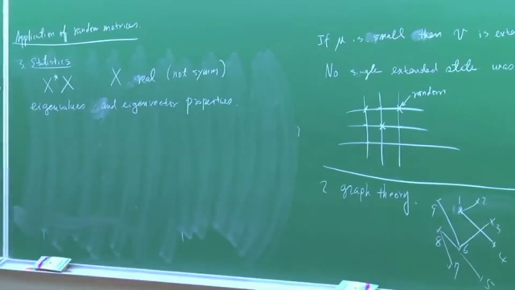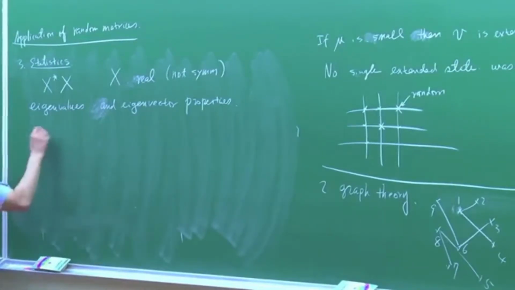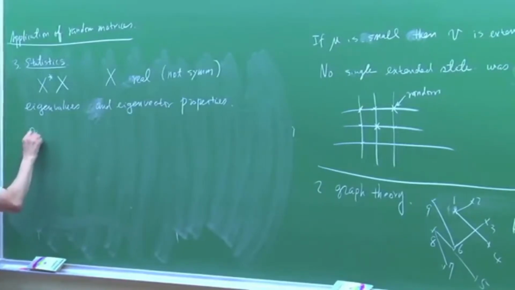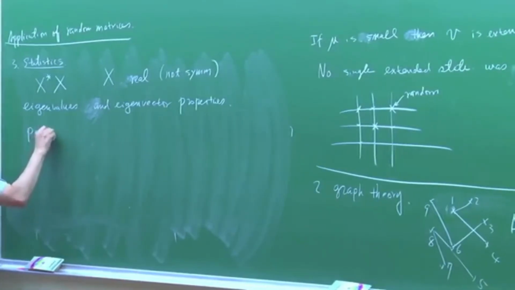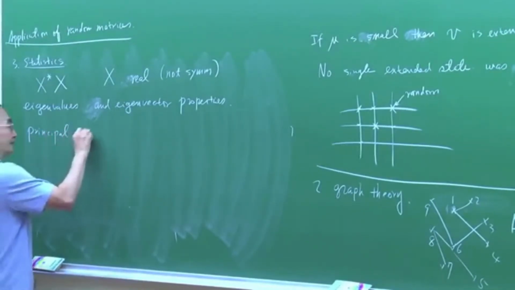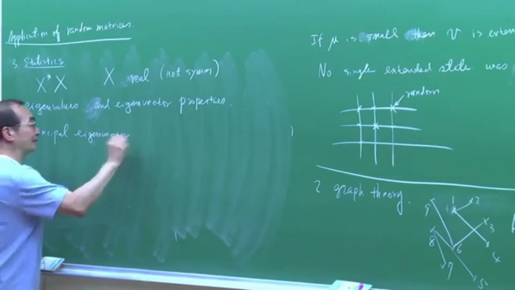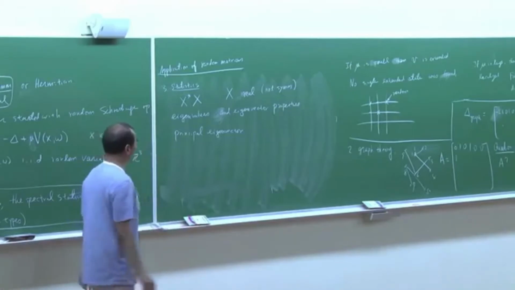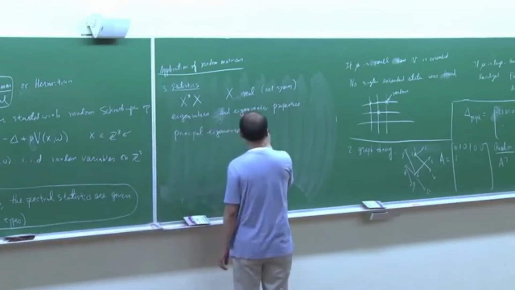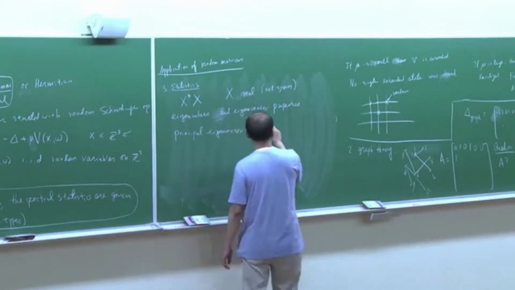I think that especially the principal eigenvector is, in statistics, called the principal component analysis.